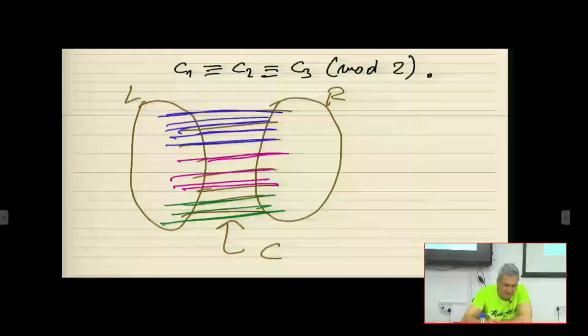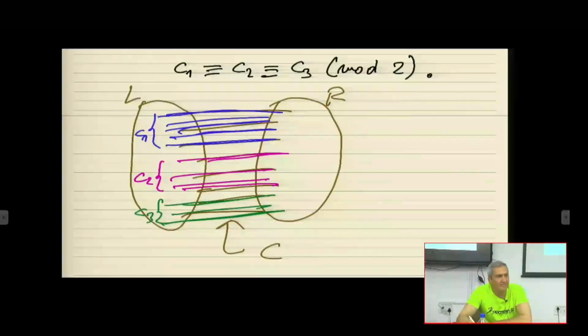So this is c1, this is c2, and the number of green edges is c3. The lemma claims that these 3 numbers are of the same parity. All are even or all are odd. Has anybody heard of this before? Or is this completely new?